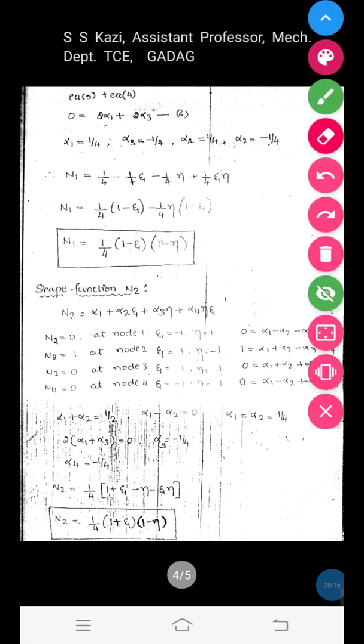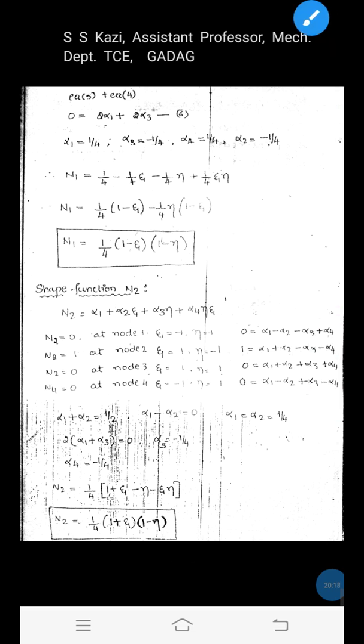Now let us check it out. We will get alpha 1 as 1 by 4, alpha 2 as minus 1 by 4, alpha 3 minus 1 by 4, alpha 4 plus 1 by 4. If we substitute into the main equation, n1 will become alpha 1, that is 1 by 4, plus alpha 2 zeta.